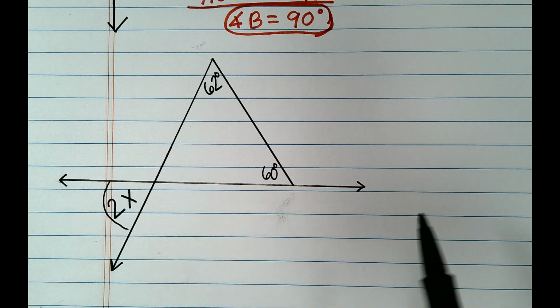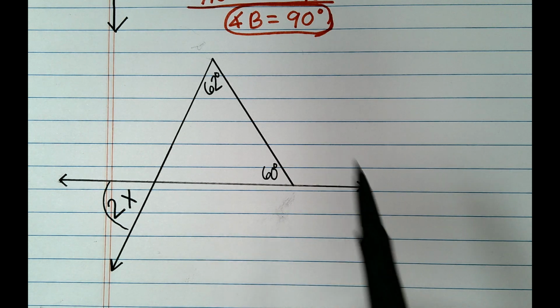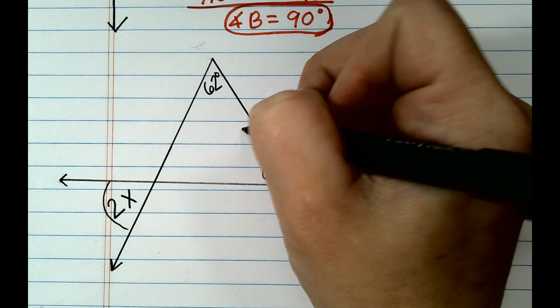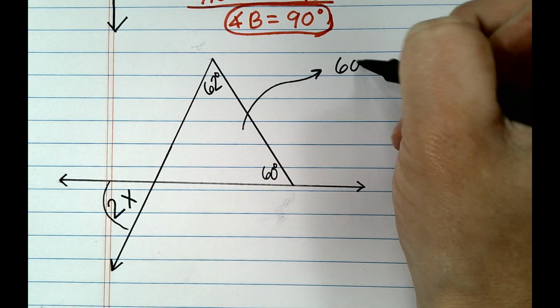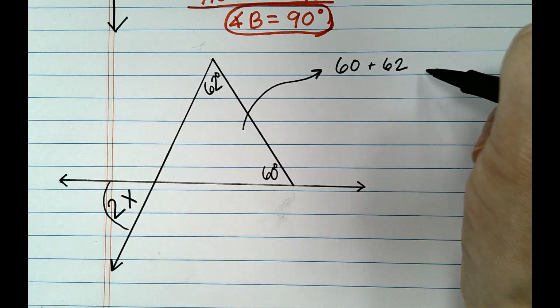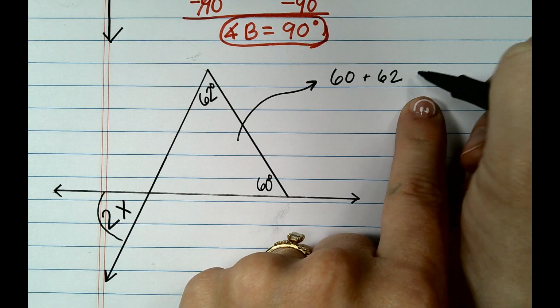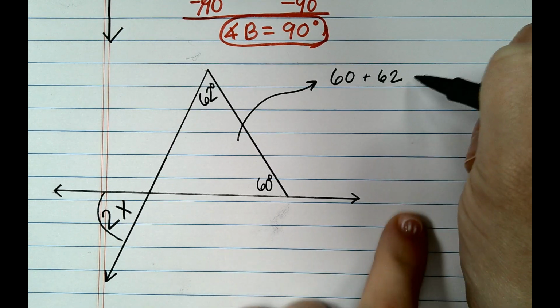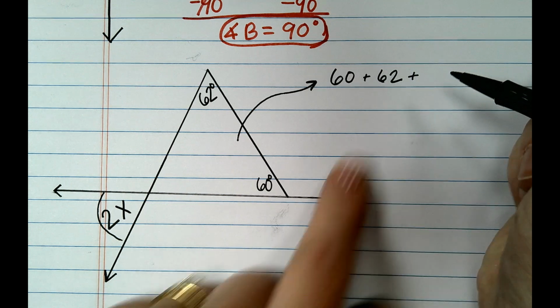Yes, Erica. Put 60 and 62 together, and that gives us 122. Now here, let me write out the equation that's happening.